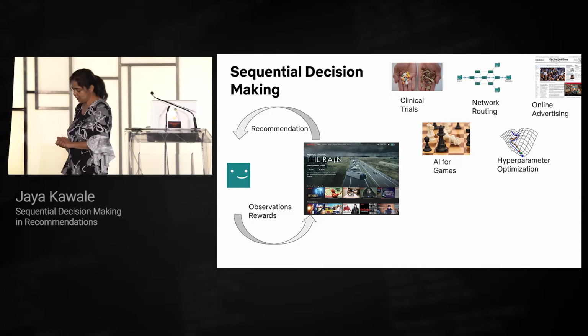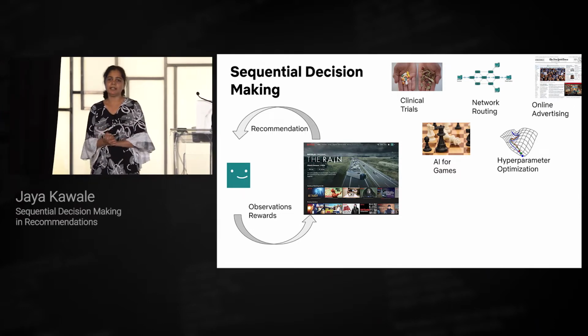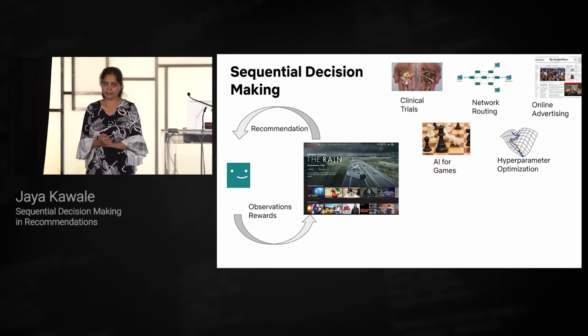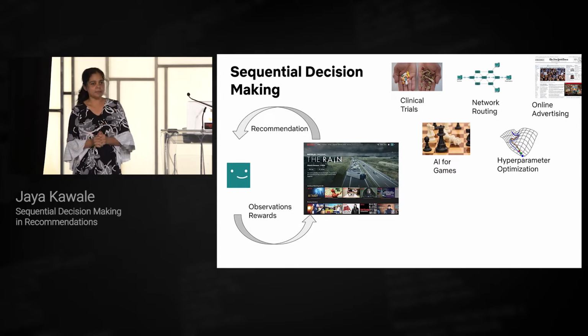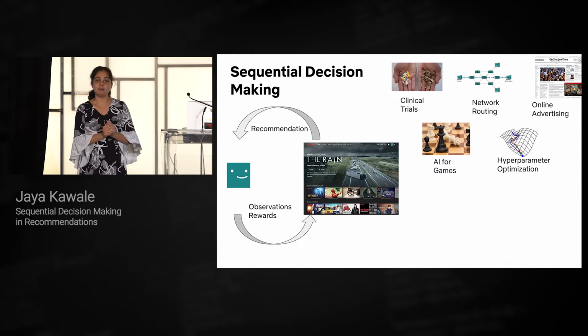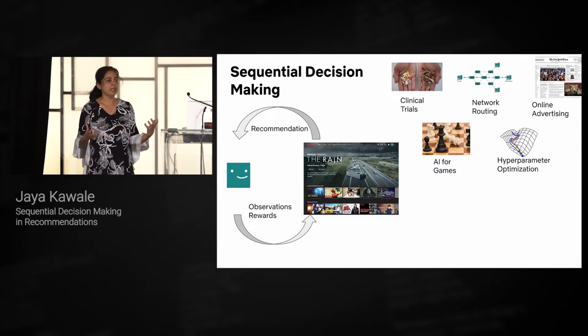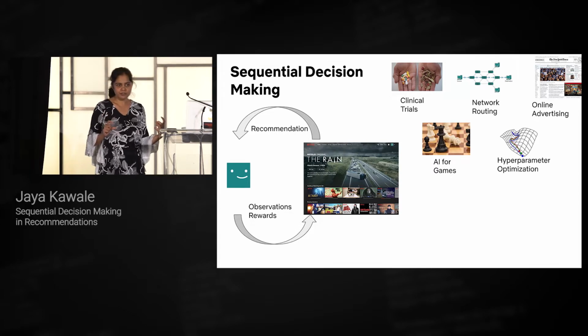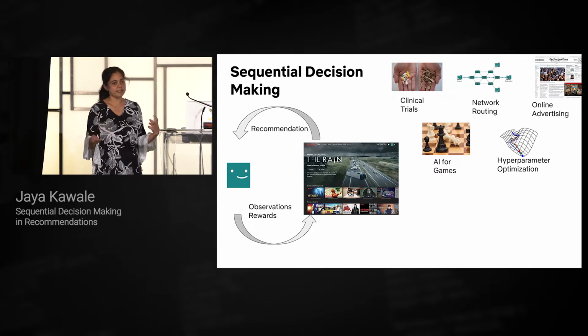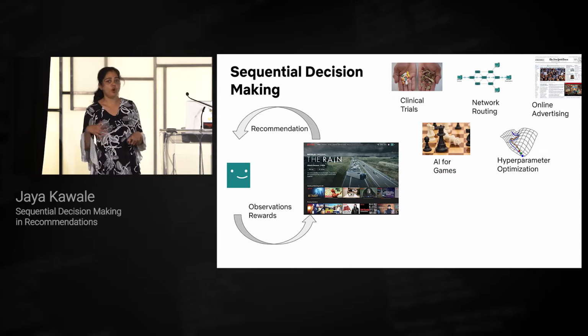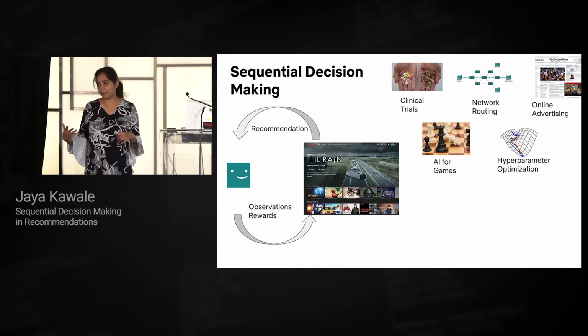So there is a very good class of machine learning algorithms called sequential decision making that help us in this. Sequential decision making algorithms have been widely used and have been very successful in many domains. For example, in AI for games, in case of clinical trials, when to determine what medicine to give to a patient, in case of network routing, in case of online advertising, and also even in the case of hyperparameter optimization in machine learning.